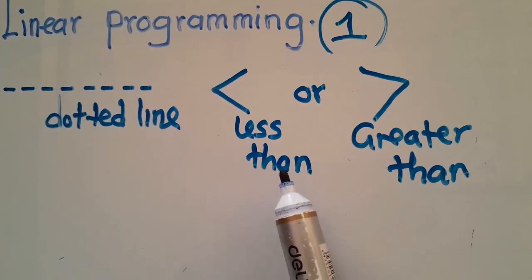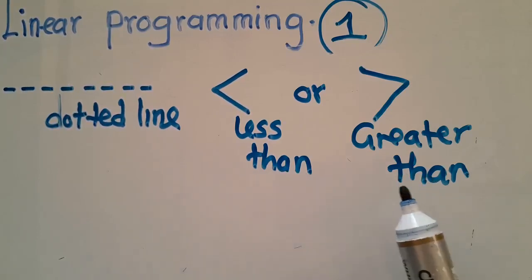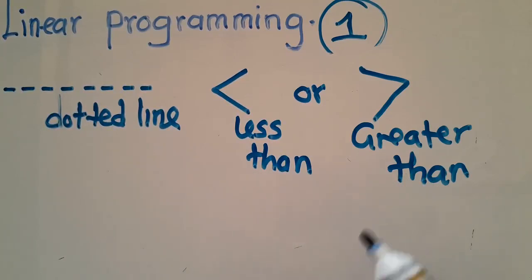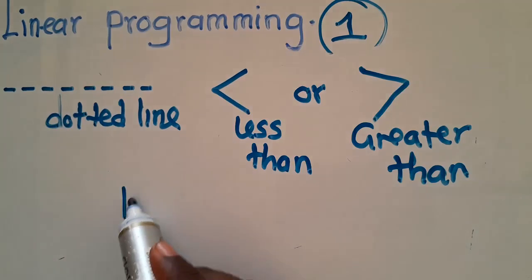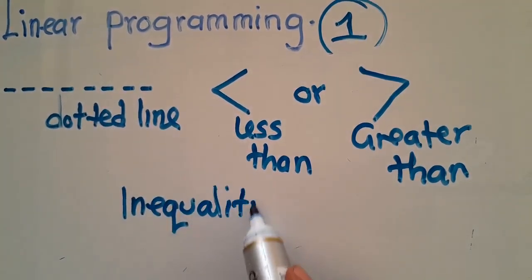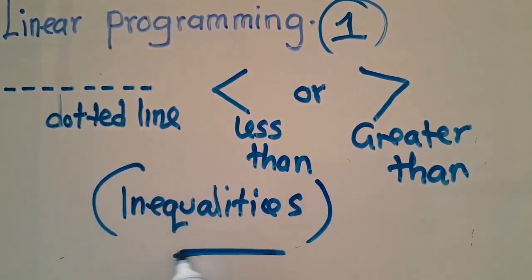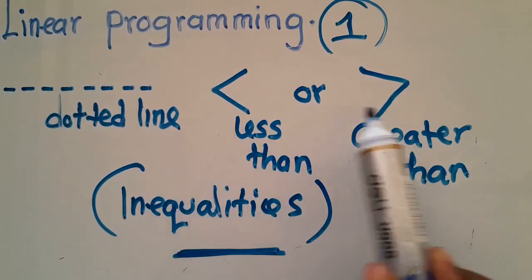These are called inequalities. When we are talking about linear programming, we are just talking about inequalities. Whenever you hear the word inequality, we are talking about these symbols.